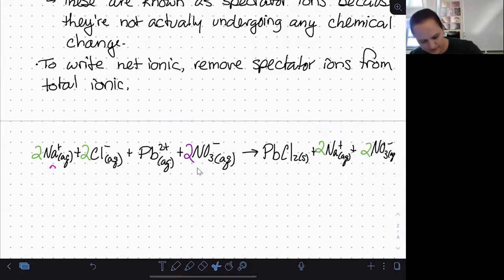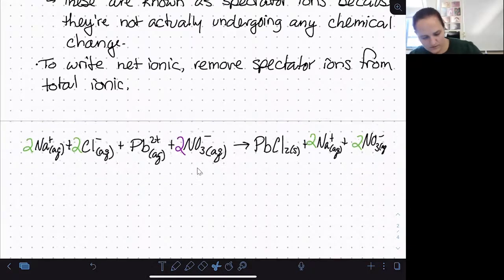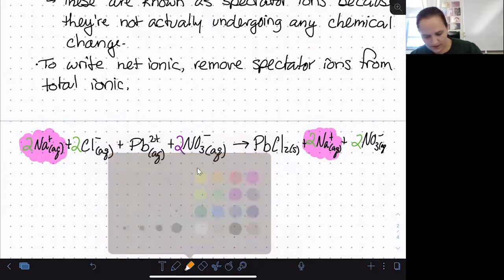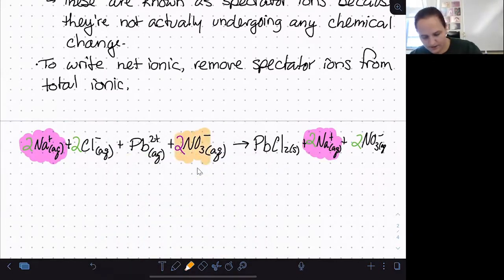So if we take a closer look at the total ionic that we wrote a minute ago, we can see that we have 2 sodium ions on the left and 2 sodium ions on the right. And we have 2 nitrate ions on the left and 2 nitrate ions on the right.